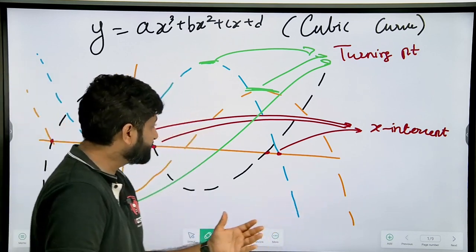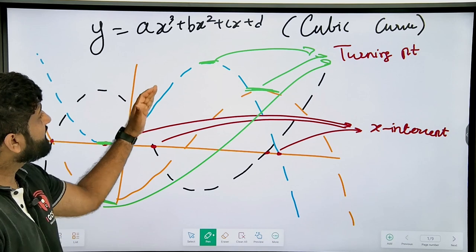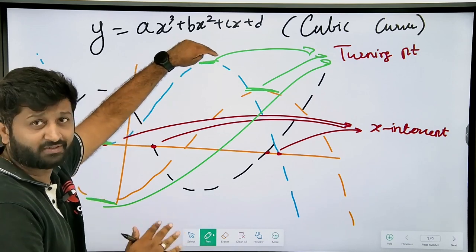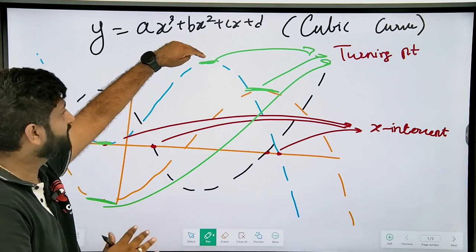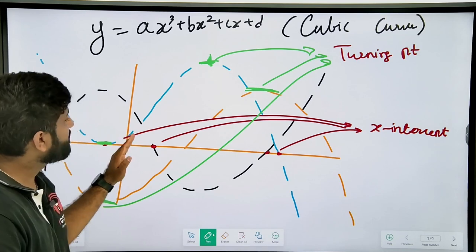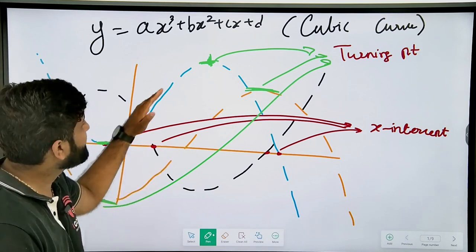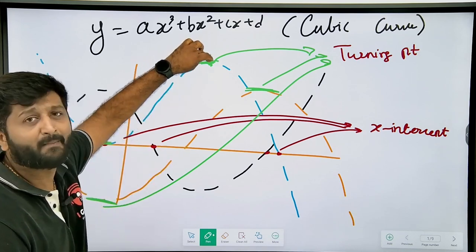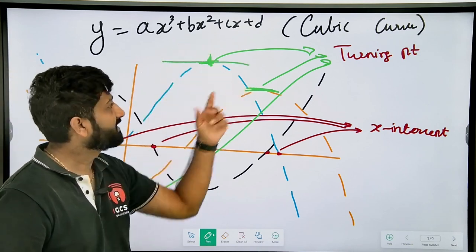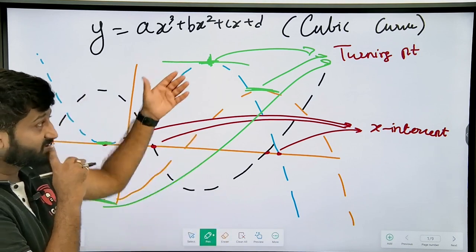If you observe, the gradient is increasing, and at this point it is reaching its maximum value. As you are increasing x, the value of y is increasing, and this is called the maxima or maximum. And at this point, if I draw a tangent, its gradient will be 0. So this is why it's a turning point.